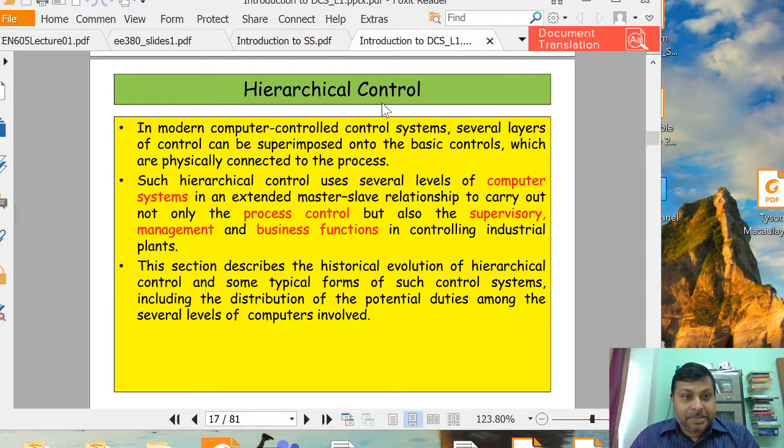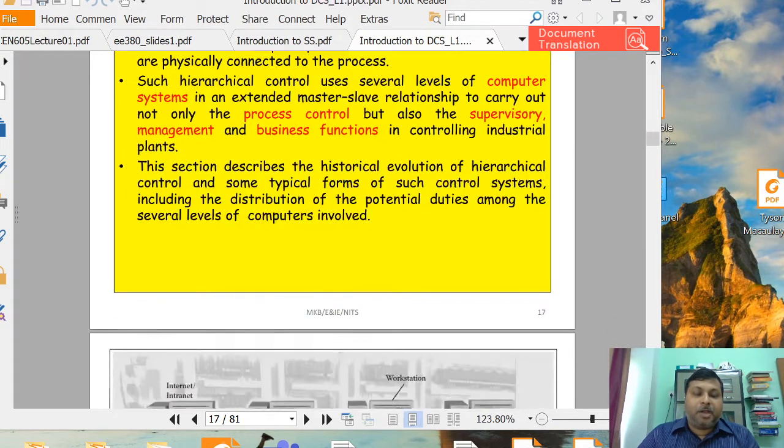This section describes the historical evolution of hierarchical control and some typical forms of such control systems, including the distribution of the potential duties among the several levels of computers involved. The uses of computer will be understood if we understand the hierarchy present in terms of control in industry.